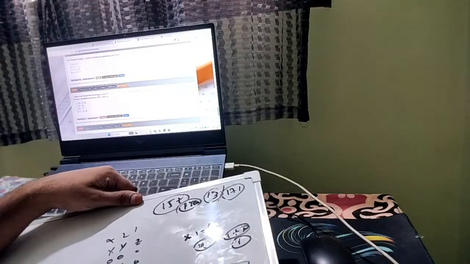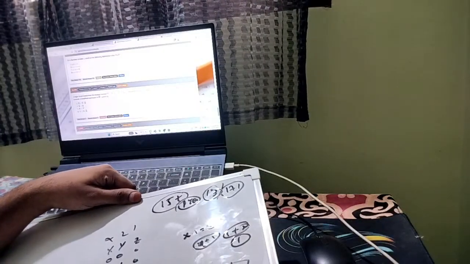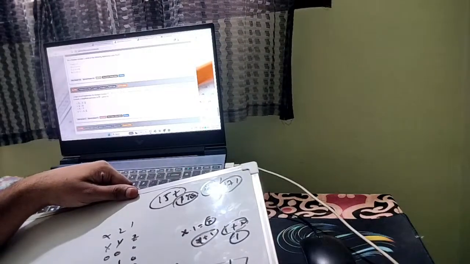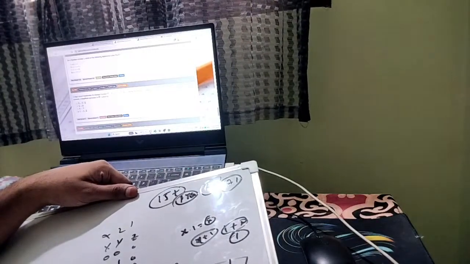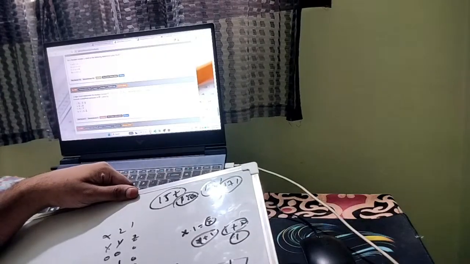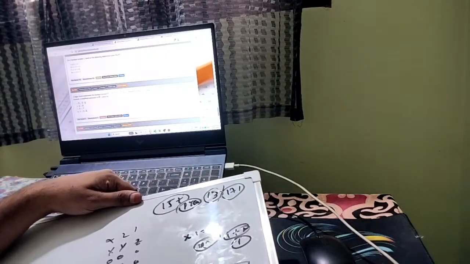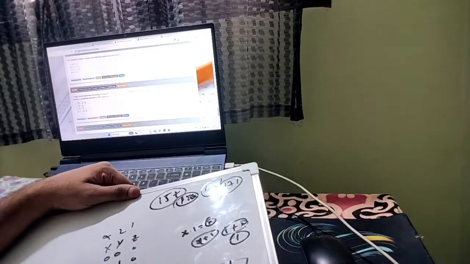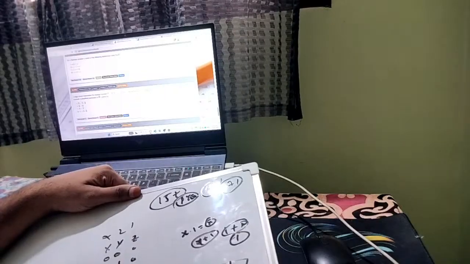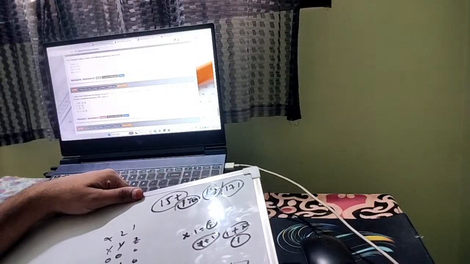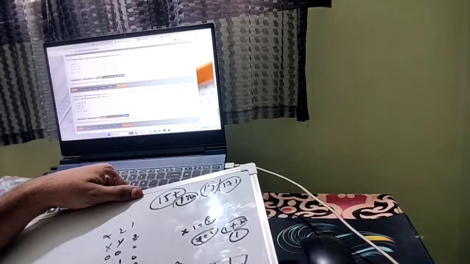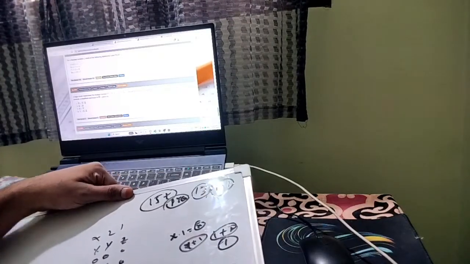Okay, so here is 2, 2 and 3, and then 4. So like this 2 and 3, then 4. If we combine these two, and if we combine these two, that will be the answer.